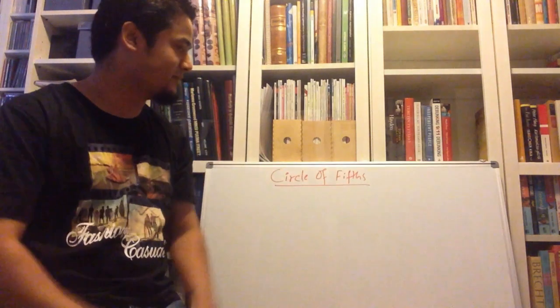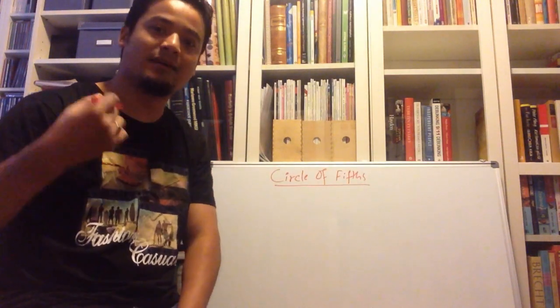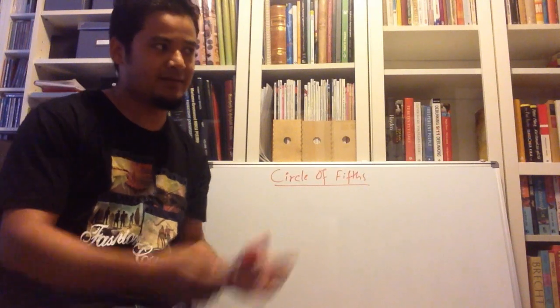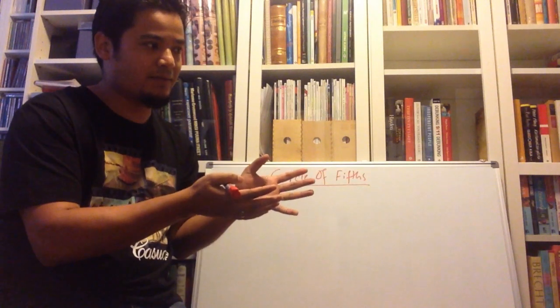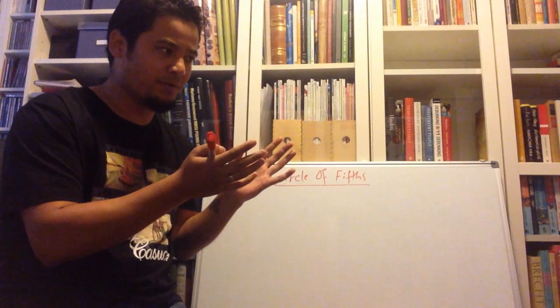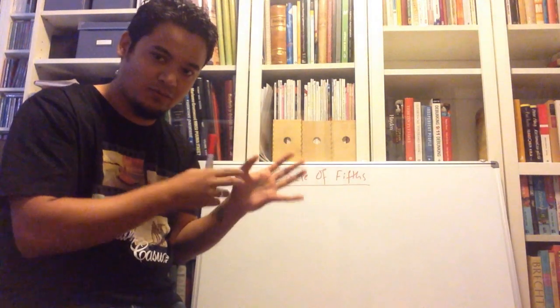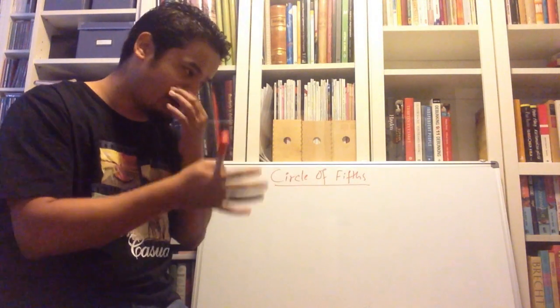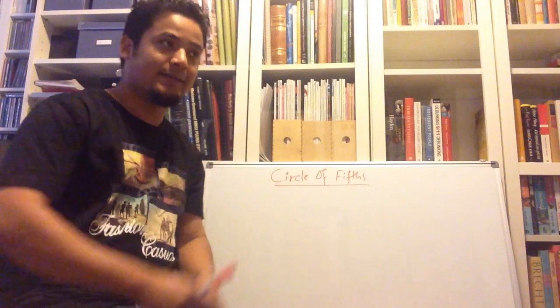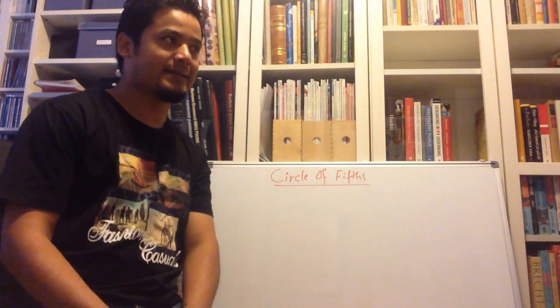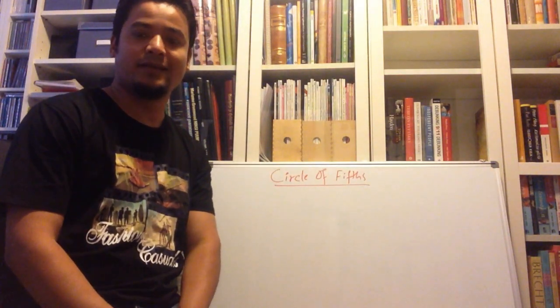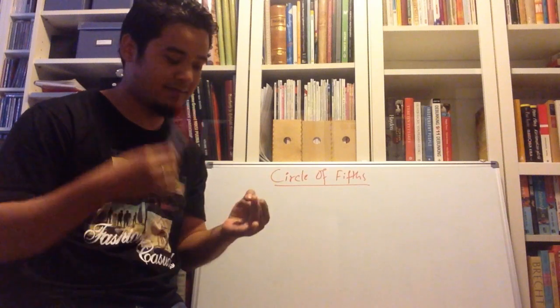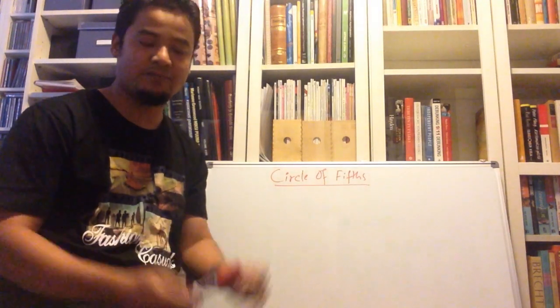So it's kind of the same, at least I would like to think like that. Circle of fifths. If you know the circle, what comes after what, the arrangements, the order, then like I said, it makes our life much easier, theory wise and practical wise as well.